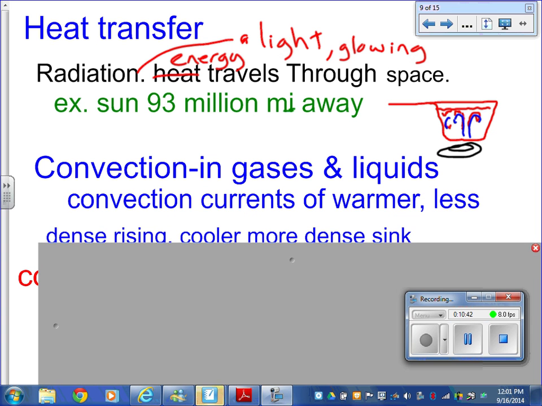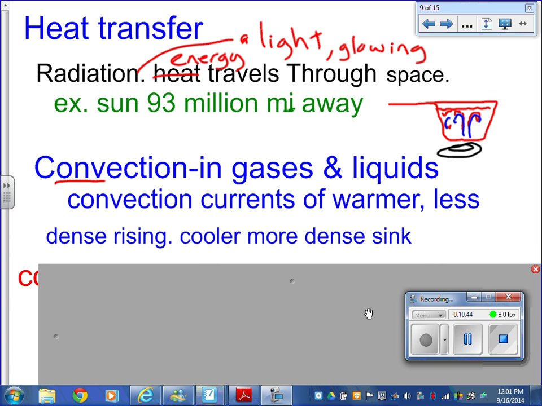So convection currents happen in gases and liquids. It has to happen in gases and liquids. It's a current. It's flowing. And the way this happens, and this is the rest of that question on the front side, is as some areas get warmer, the molecules move faster, they spread further apart, it's less dense, and so it rises, and then it cools off and it becomes more dense and sinks. You can imagine currents.